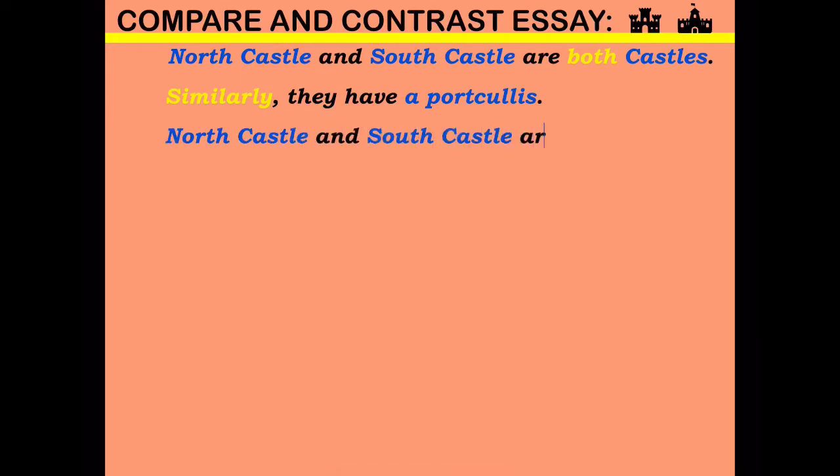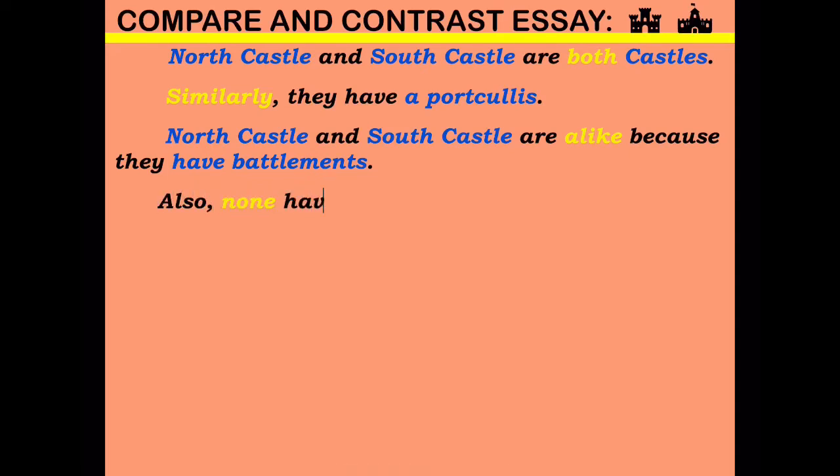North Castle and South Castle are alike because they have battlements. We have used another word in yellow to compare, the word alike, and we have put the name of the 2 castles first and then the reason using the word because. North Castle and South Castle are alike because they have battlements. Let's continue.